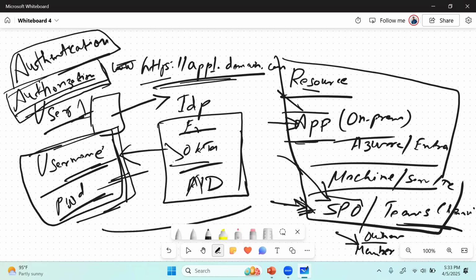Once that token is handed over to the user's browser or application, and by the application to the service provider, the service provider gets to know that this user has provided this token. A token means a ticket or an identity card. It says that this user has access to these resources.